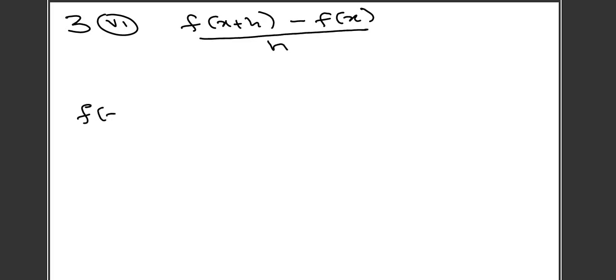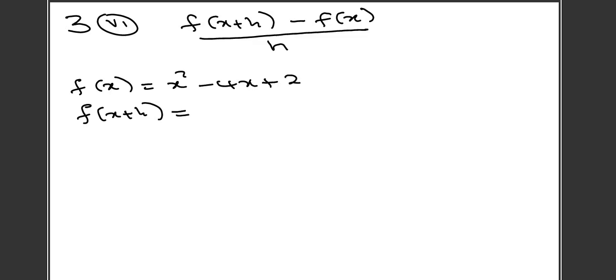So f of x plus h, first of all, f of x is already given. It's x squared minus 4x, then plus a 2. So f of x plus h, meaning we are putting x plus h wherever there is x.